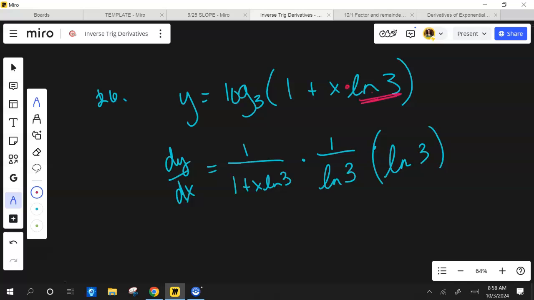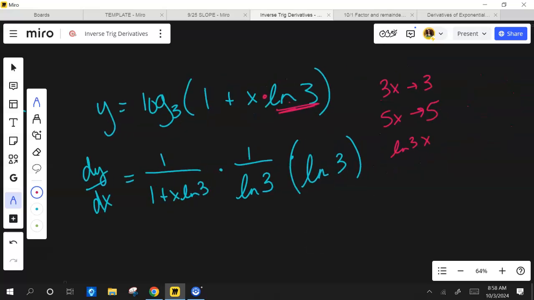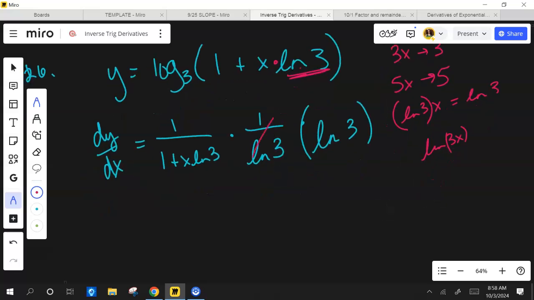It's a constant times a variable. So if you had 3x, what's the derivative of 3x? 3. What's the derivative of 5x? 5. What's the derivative of log 3 of x? Log 3. This is different than this. So now this and this are gone because they cancel out. So the derivative is just 1 over 1 plus x log.